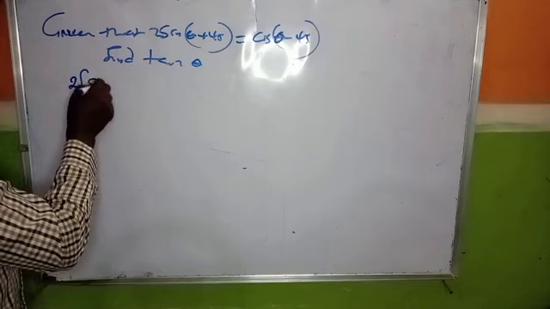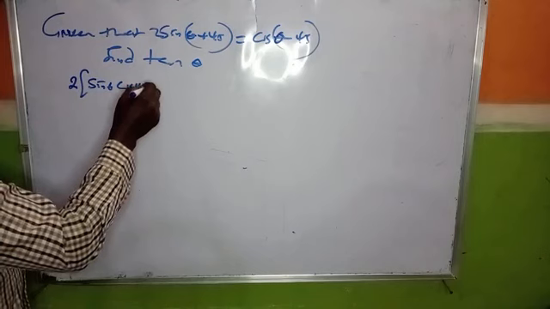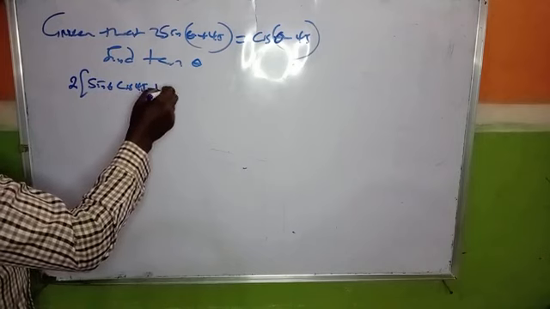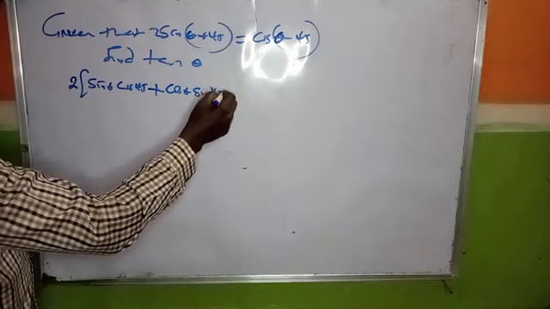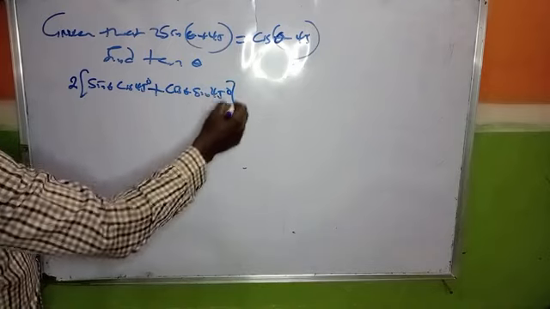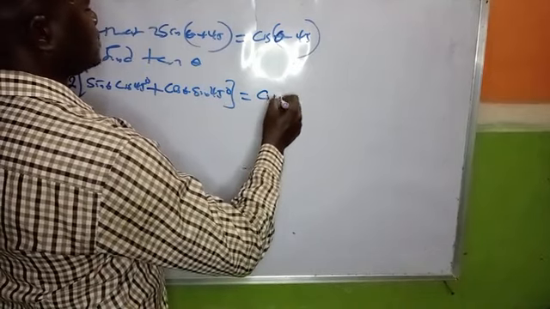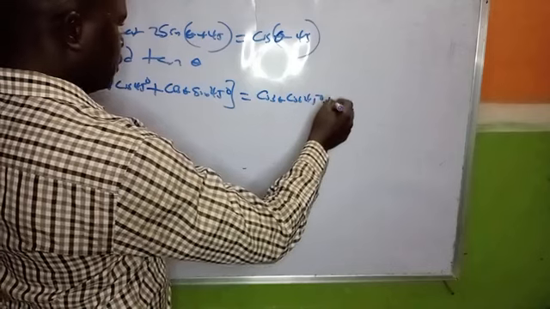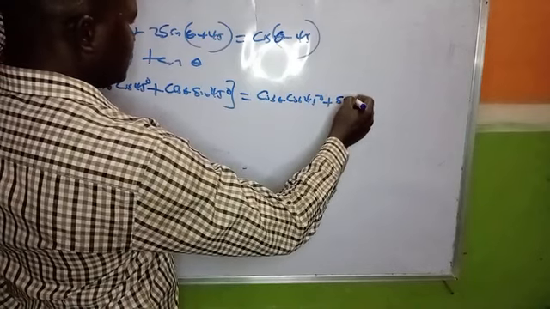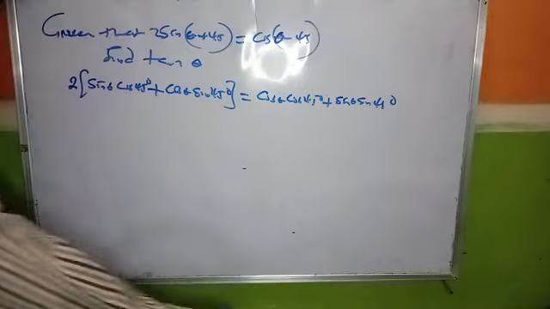So you will have sine theta cos 45 plus cos theta sine 45 degree, equal to cos theta cos 45 degree plus sine theta sine 45 degree.